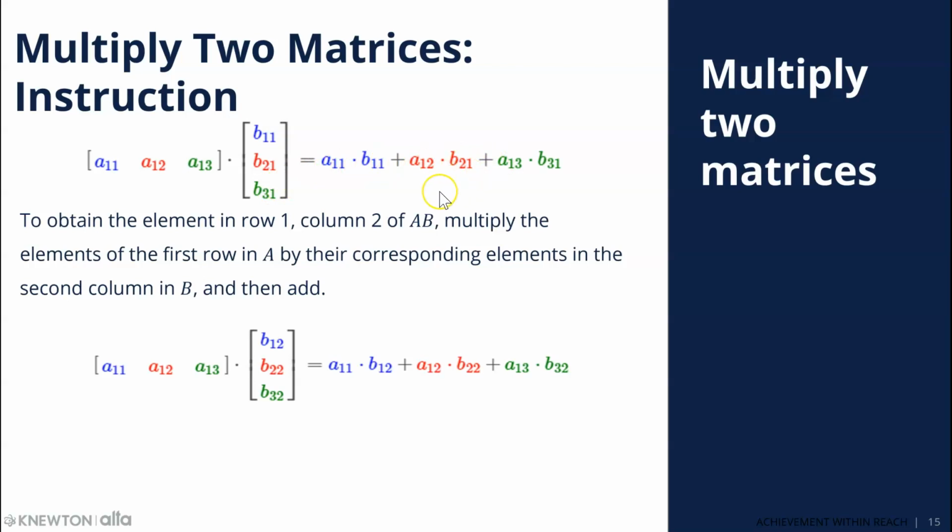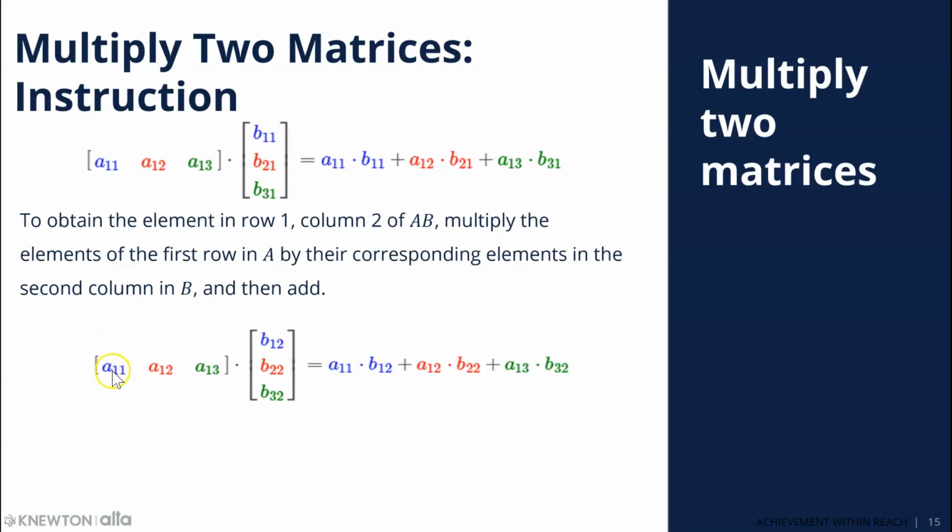And similarly, to obtain the element in row 1, column 2 of AB, multiply the elements in the first row in A by their corresponding elements in the second column in B, and then add the products.